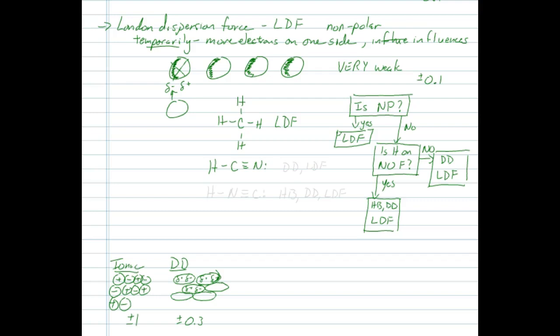So it's polar, and it has a hydrogen, but it's not directly connected to the N. So this is DD and LDF. If it was this molecule, an isomer, where isomer is the same formula, different structure, now the H is directly connected to the N, and you have hydrogen bond, DD, and LDF, all three of them occurring. This ends this lesson on intermolecular forces.